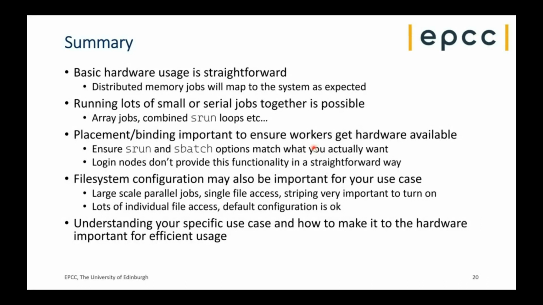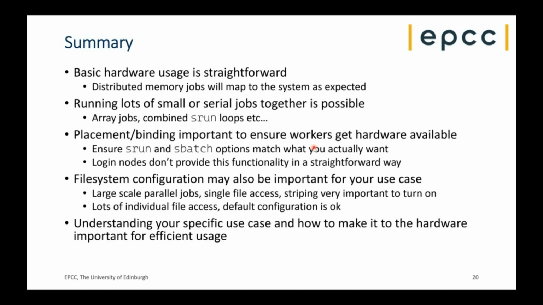So in summary, the ARCHER2 basic hardware usage is pretty straightforward, and for what it's designed for, which is large-scale parallel jobs, the defaults are usually fine and will give you reasonable performance.